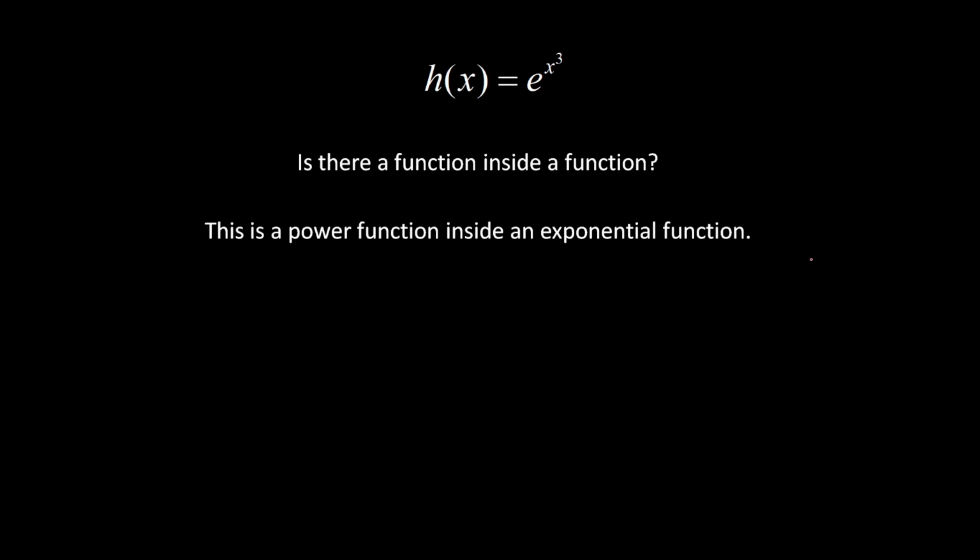Now, what we want to do is use the derivative patterns. And to do that, we're just going to take the exponent and just call it u. Because when we do that, our function is now in the derivative pattern. This is our derivative pattern for exponentials. You know the derivative of e to the u is itself.